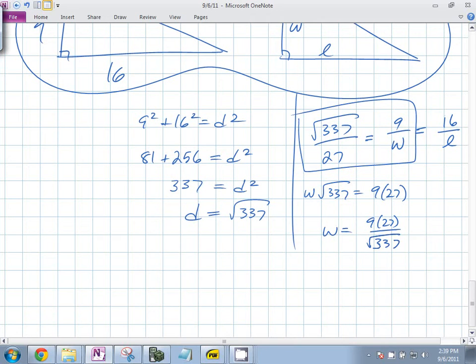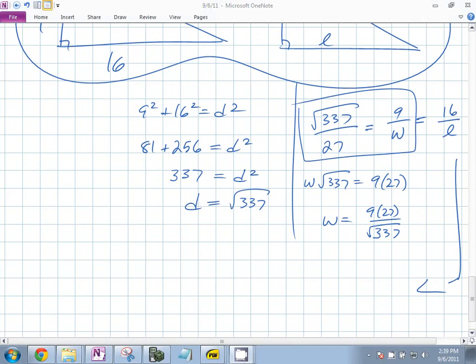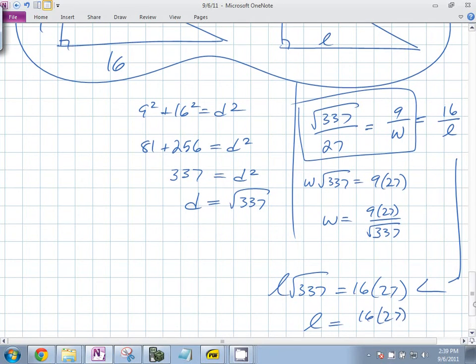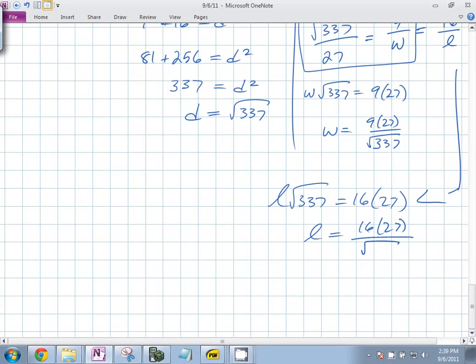Yes, L root 337 equals what? 16 times 27. So L is equal to 16 times 27 all over root 337. Awesome, so we have those.